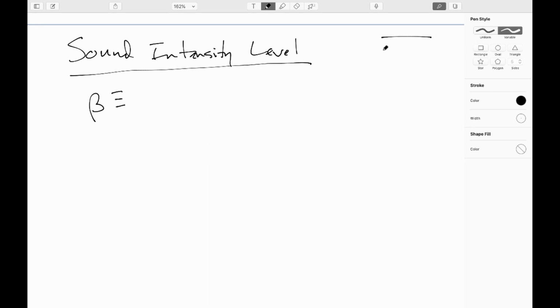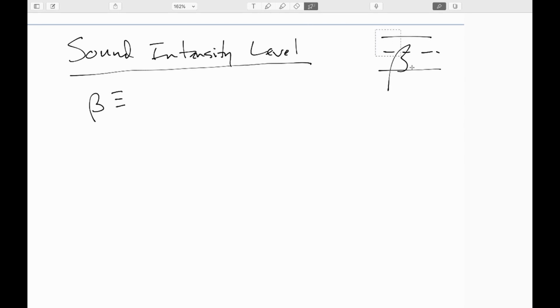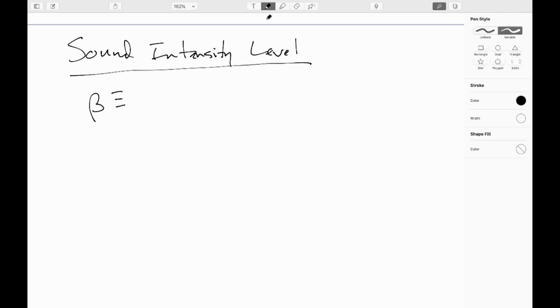So to draw one of those, something like that. The sound intensity level is defined to be 10 decibels, more on that in a second, times the base 10 log of the sound intensity over some reference level.